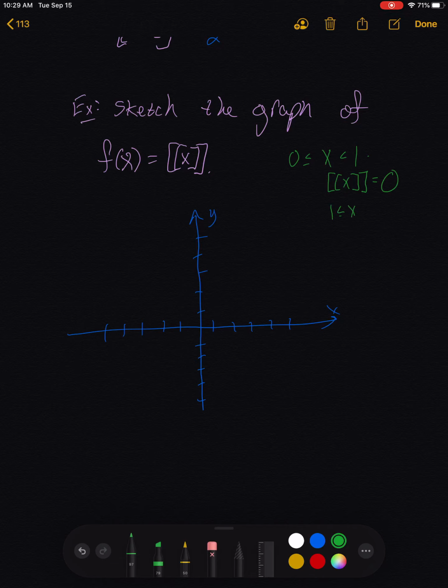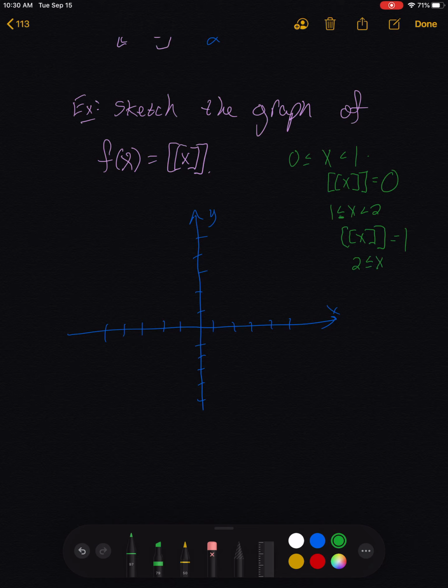And if x is greater than or equal to 1 but less than 2, then the greatest integer function for x would send us down to 1 as the largest integer less than or equal to x in that case. So this would be for x is 1, x is 1.1, x is 1.2, x is 1.3, and so on.